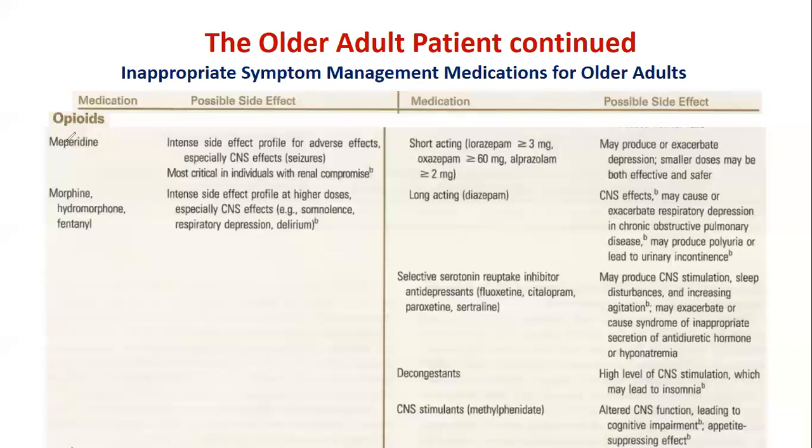So next medication here, narcotics like meperidine and morphine or hydromorphone, or also fentanyl. So most common names, right? Meperidine, we also call Demerol, the drug's name.